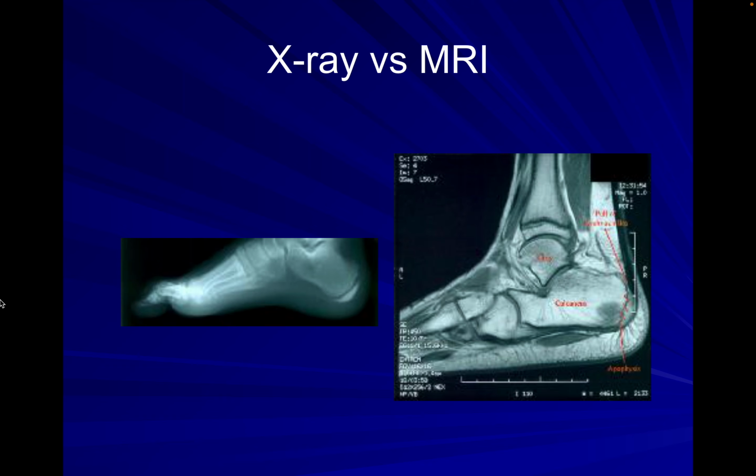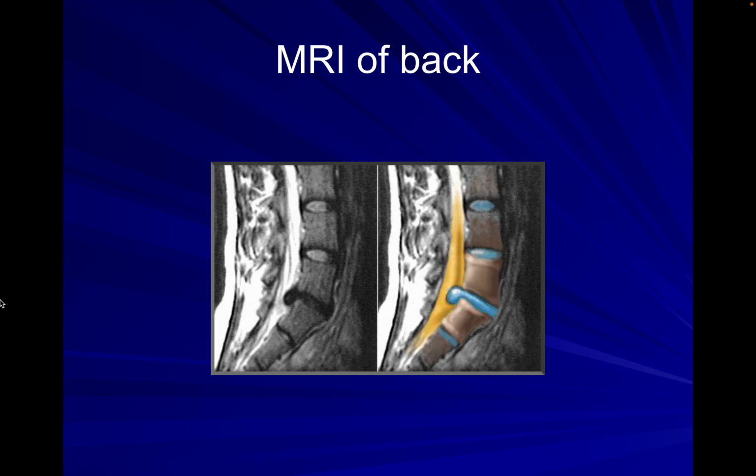You can see X-ray on the left side there with very poor soft tissue visualization, but a nice example of the bony outlines. And then on the right there, doing a much better job of the soft tissue visualization, seeing the fat pad at the heel there and a lot of the muscular structures, in addition to some of the bones on the right.